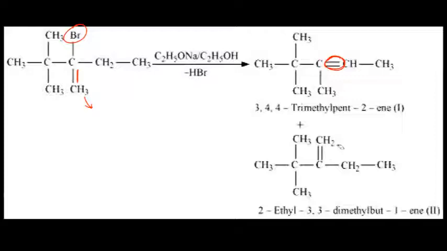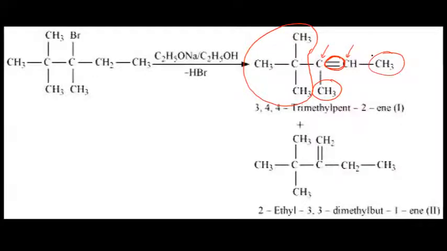Now consider the alkyl groups attached on the doubly bonded carbon. On this carbon, you have one and two alkyl groups. On this carbon of the double bond, you have CH3 attached. Total three, as per Zaitsev. Now the doubly bonded carbons, these two.